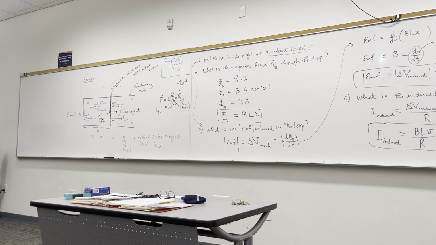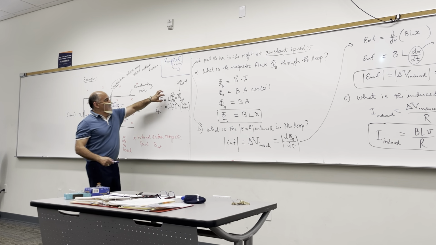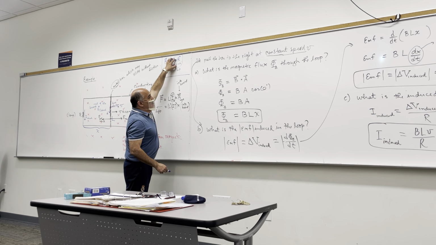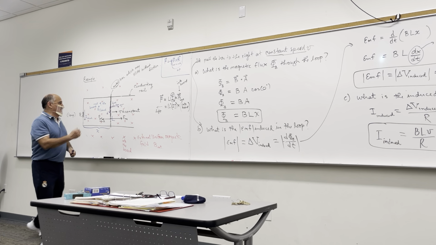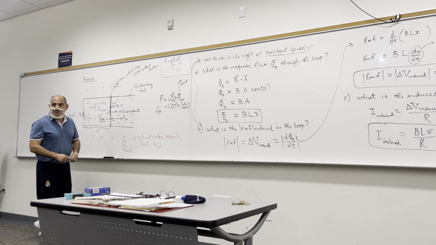There are three different ways to figure out the direction of the current in this loop. You can use this, or think about that, or use Lenz's law right away. With Lenz's law, you say right away the current has to be counterclockwise.